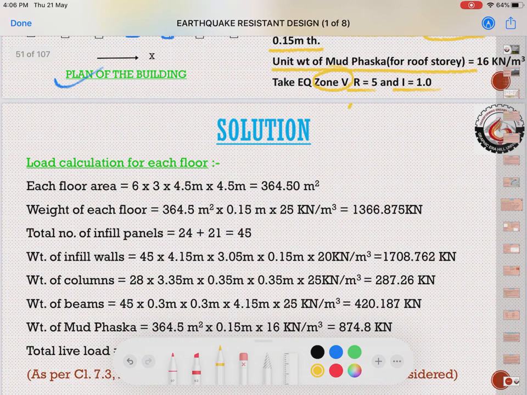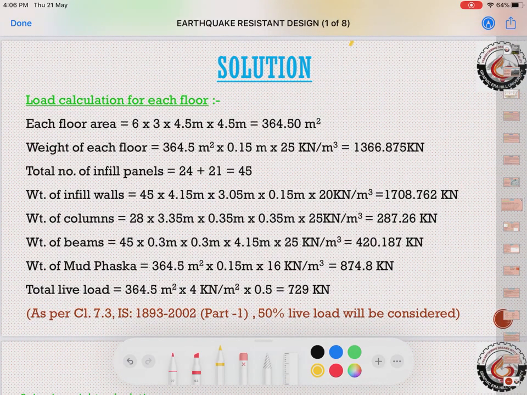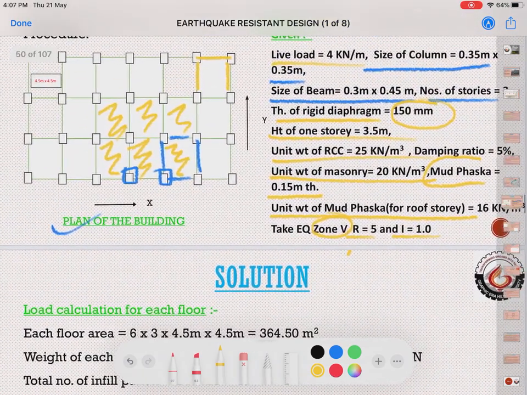So let us start calculating the different seismic weights. Before starting, what are the different kinds of load acting on each floor? Let us start with the floor area.